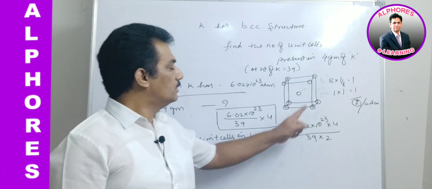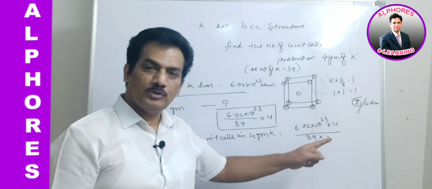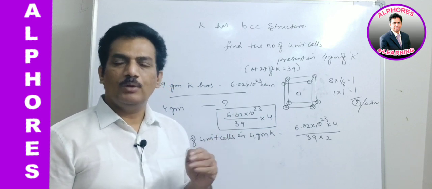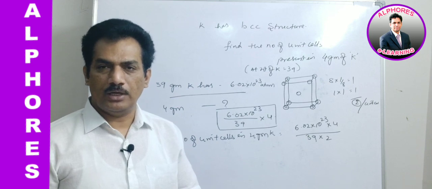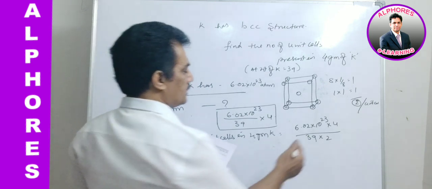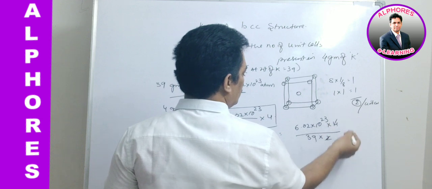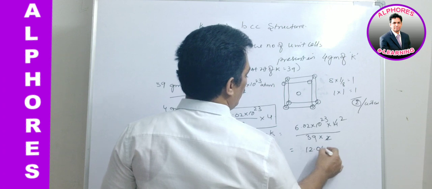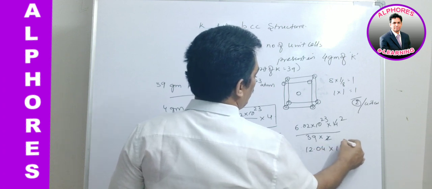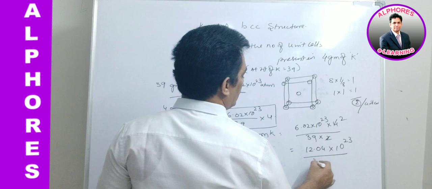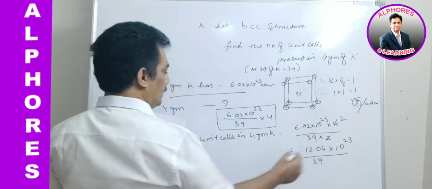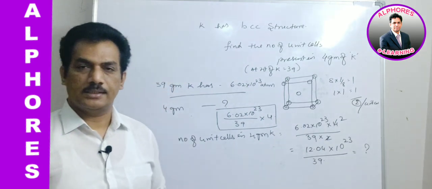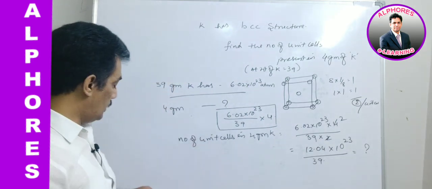Once we get the total number of atoms present in 4 grams of potassium, that number by 2 will provide the number of unit cells simply. Clear? And now we are getting 12.04 into 10 to the power of 23 by 39. This value, whatever you are getting, that is the number of unit cells. Clear? That is one model question.